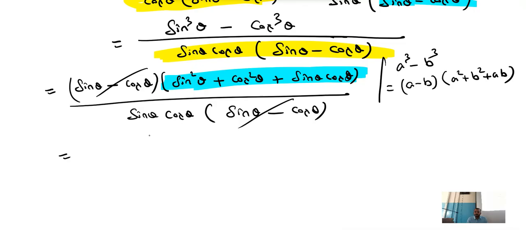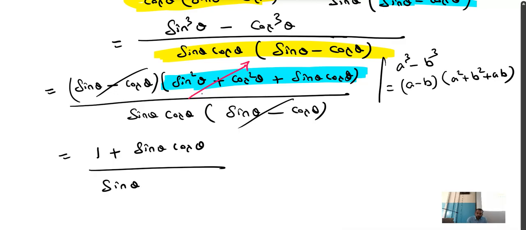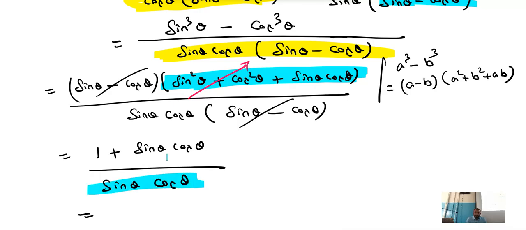Okay, now what is left out? But we know one more identity. Sin square theta plus cos square theta is 1. So 1 plus sin theta into cos theta divided by sin theta into cos theta. अब देखो बेटा, can you see this sin theta into cos theta is divided by 1 also. I mean 1 divided by sin theta cos theta plus again sin theta cos theta also will divide sin theta cos theta.